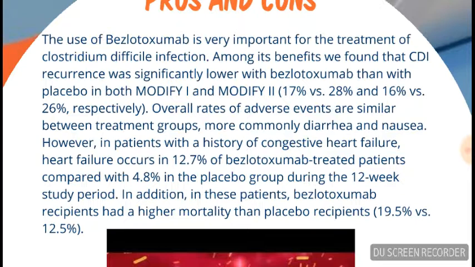However, in patients with a history of congestive heart failure, heart failure was reported in 12.7% of Bezlotozumab-treated patients compared with 4.8% in the placebo group during the 12-week study period. In addition, in these patients, Bezlotozumab recipients had a higher mortality than placebo recipients.